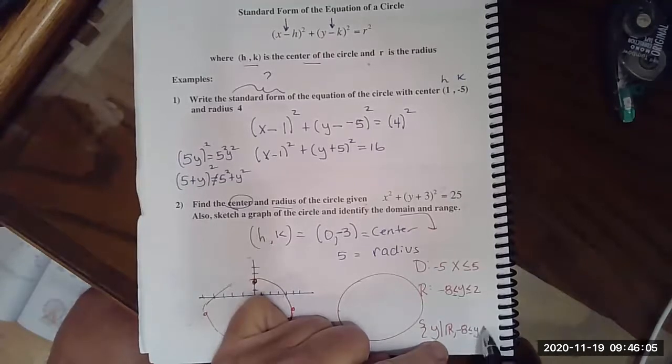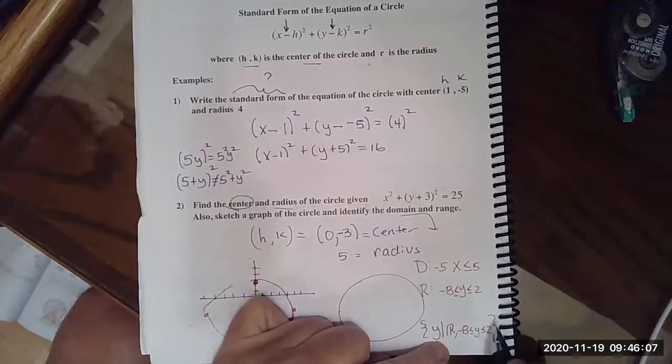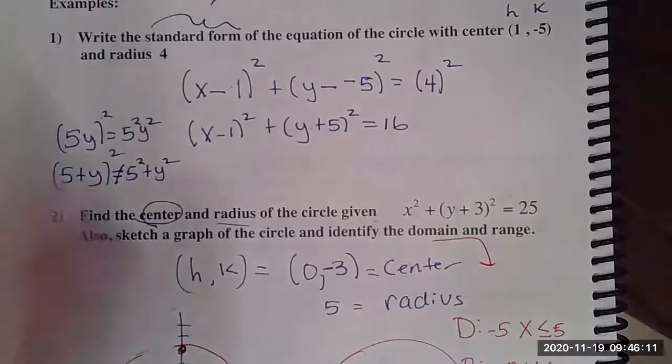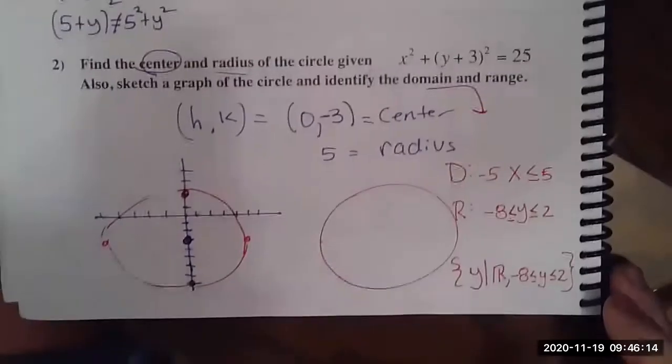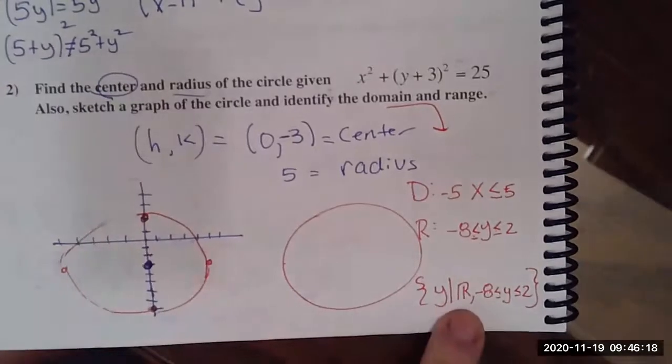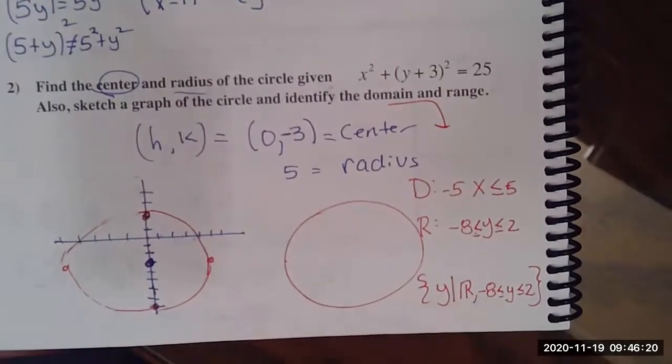I'm squeezing it in. Sorry. Squiggle. Yeah, that would be formal set builder notation. Well, there you go. I took longer than a half hour, didn't I?